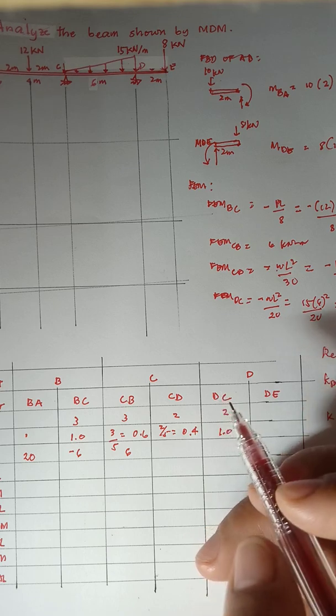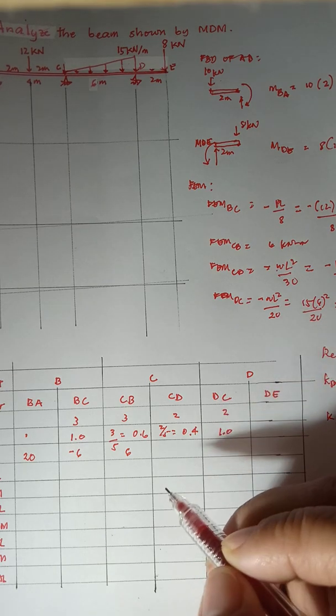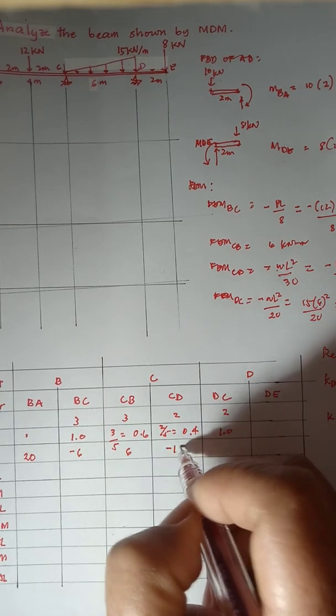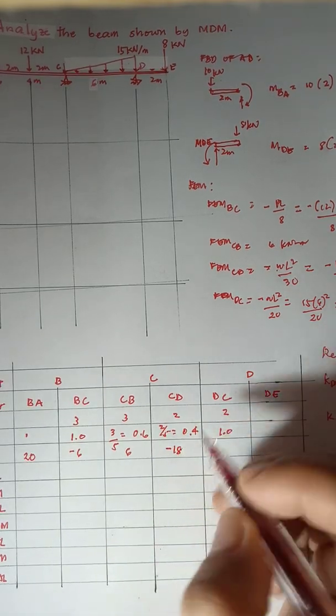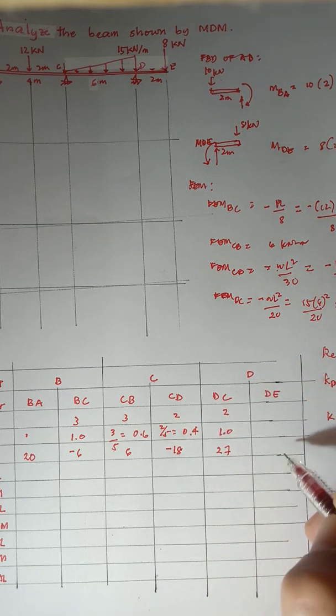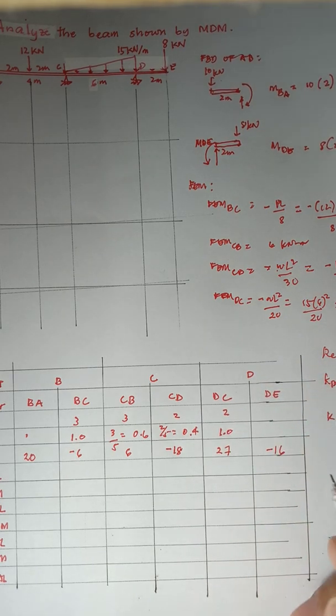CD is negative 18. And then we have 27 and minus 16.